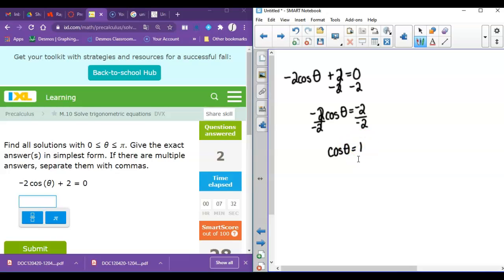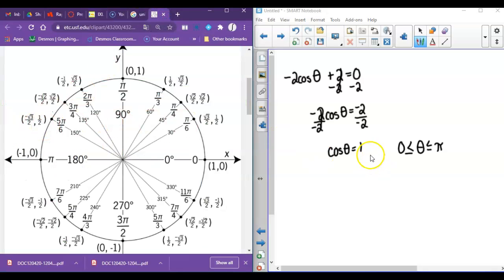And on the unit circle, notice this time it says 0 less than or equal to theta less than or equal to pi. So since they said pi right here, they're asking us to use radians. So if I go to that unit circle, I'm looking between 0 and pi, and I want to see where cosine equals 1 and cosine is our x-coordinate. Cosine equals 1 right here at 0.